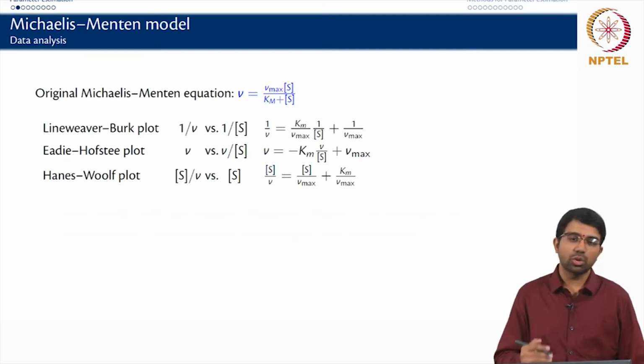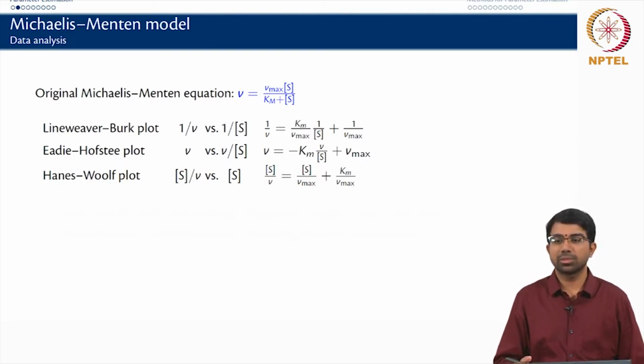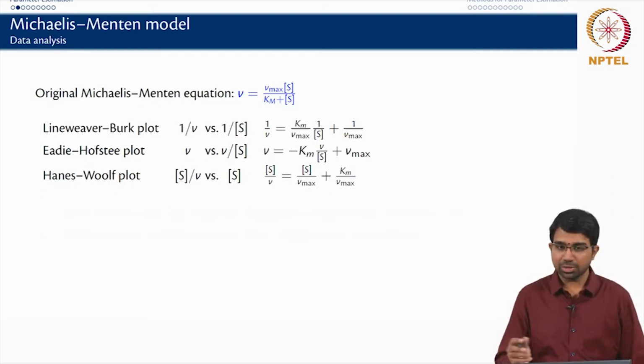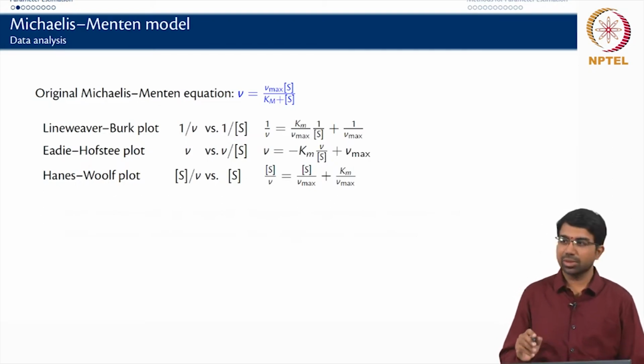But the one thing to note from the point of view of this course is these transformations are problematic, because you are taking V, taking the reciprocal, you are taking S, taking the reciprocal. V cannot be 0, so you will have some problematic behaviors close to 0. Your errors also get transformed.